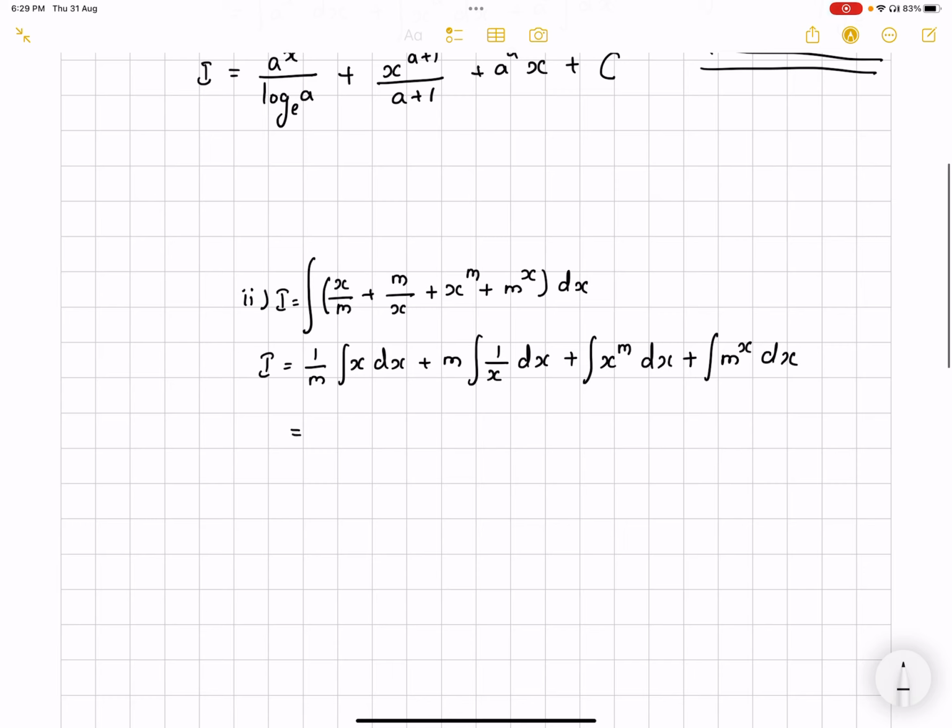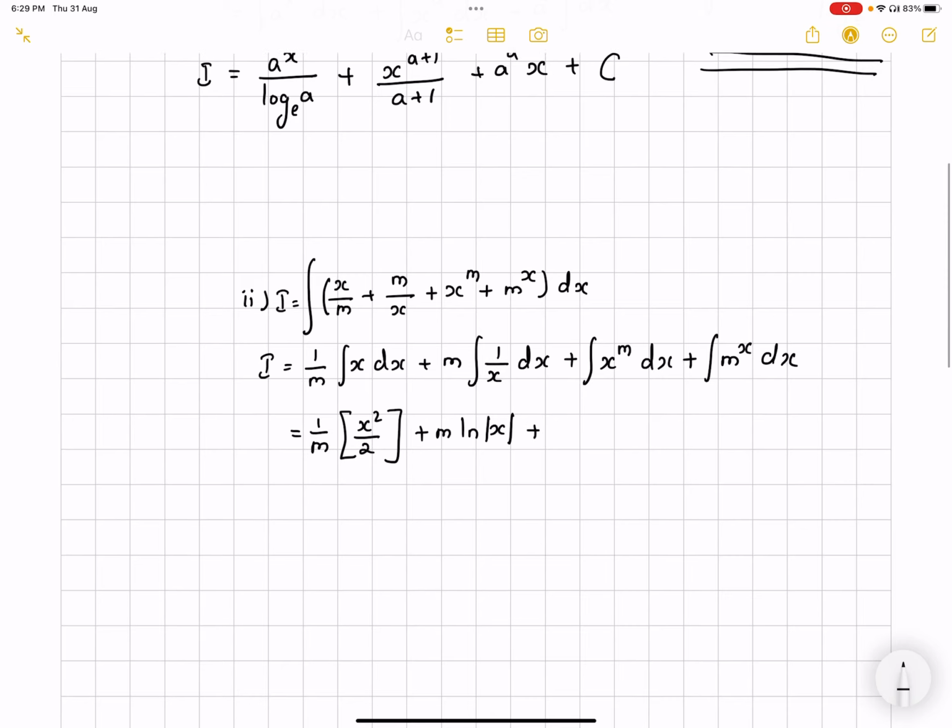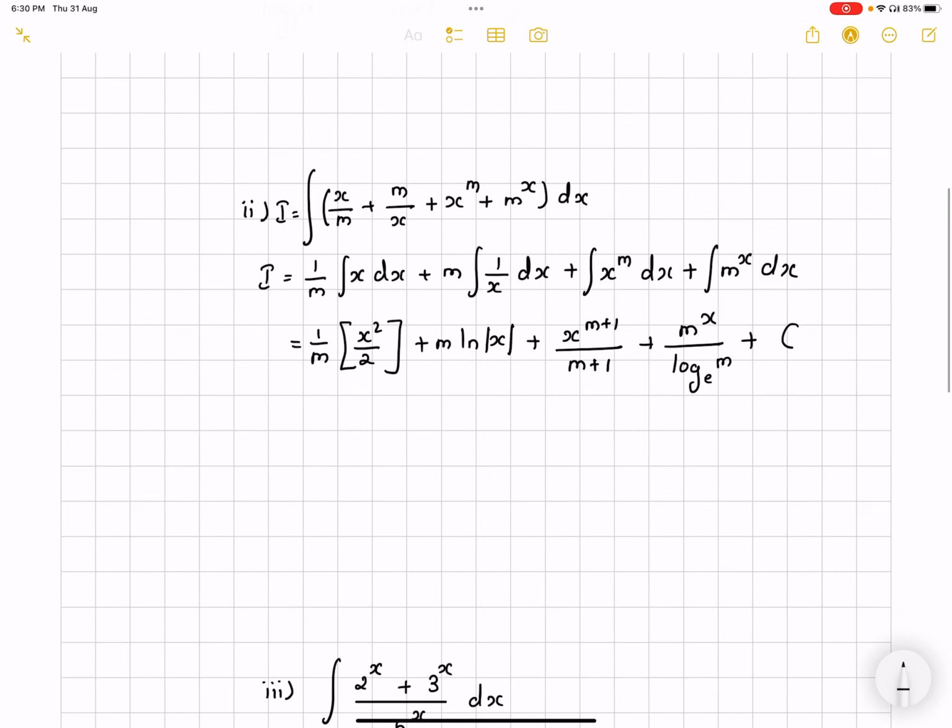So here I would be having 1 by m, and I would be getting x square divided by 2, plus m ln of mod x, and then plus x raised to the power m plus 1 divided by m plus 1, and then plus m power x divided by log base e of m, plus c. That's it. With this, it's over.